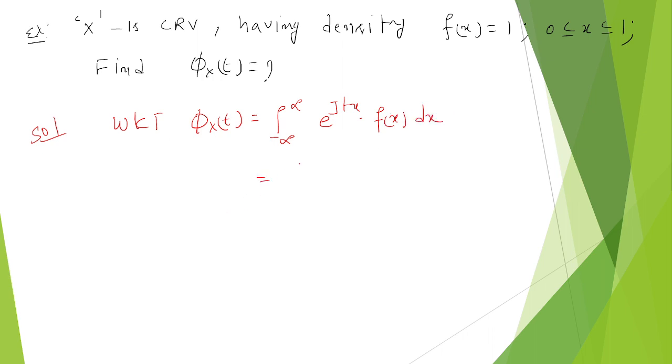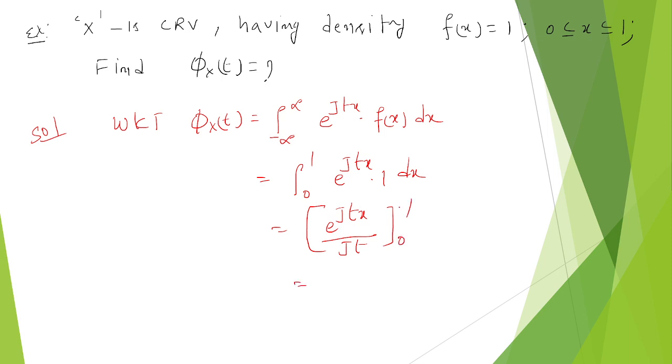Substitute the limits already given, 0 to 1, e power jtx into f of x, which is 1, dx. The integration of e power jtx is e power jtx by jt with respect to x from 0 to 1.